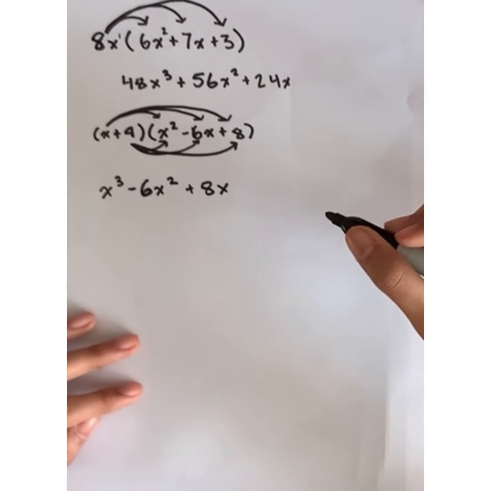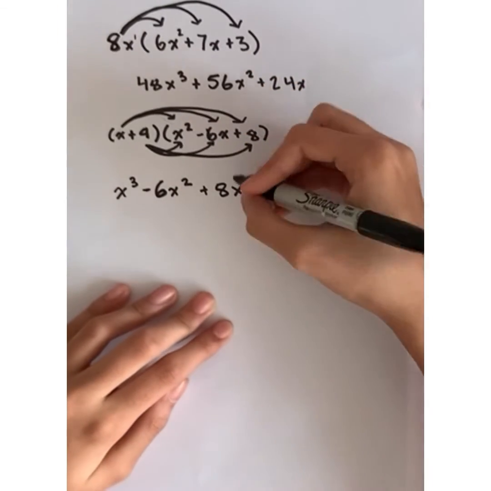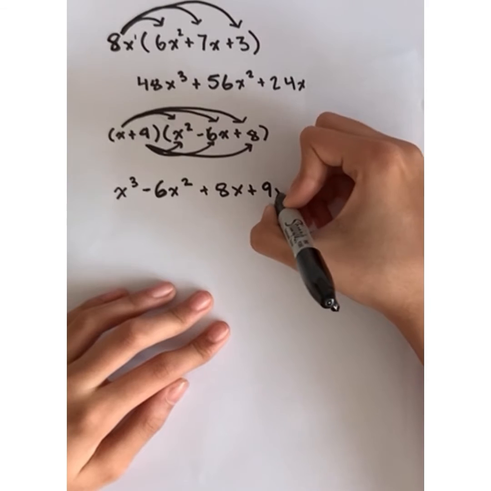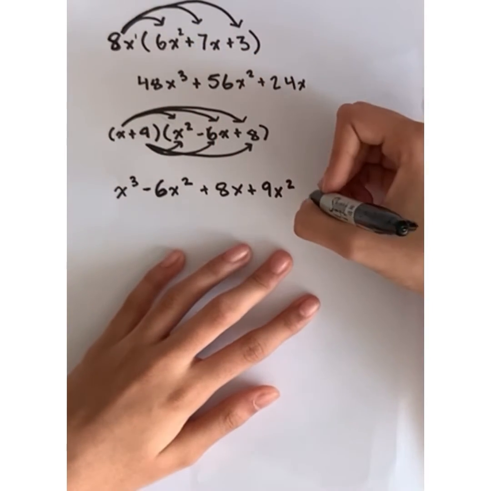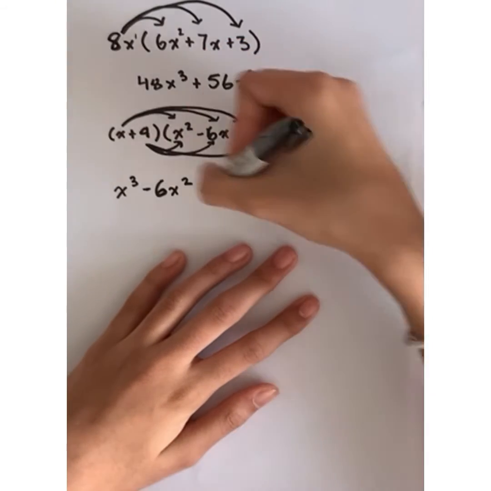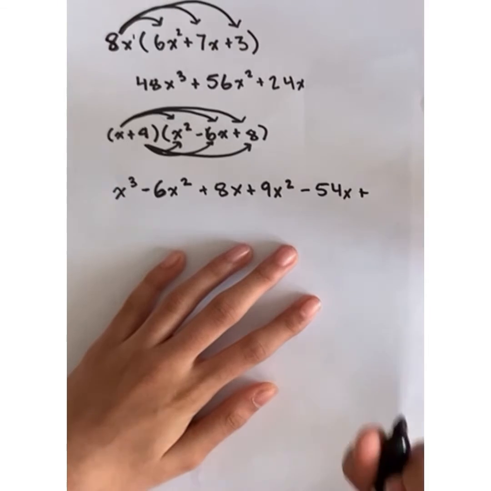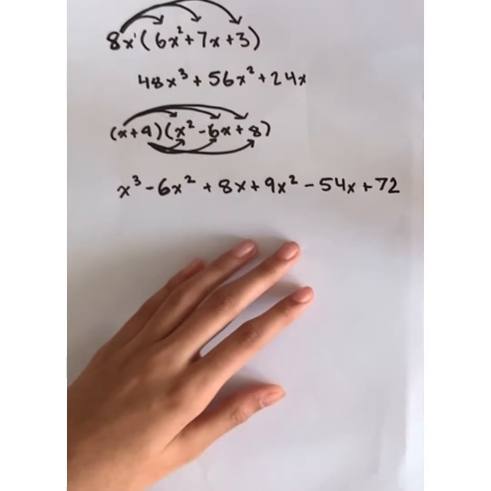This will probably be long until you simplify terms. 9 times x squared equals 9x squared. 9 times negative 6x equals negative 54x. And 9 times 8, what is that? Everybody say it with me. 72.